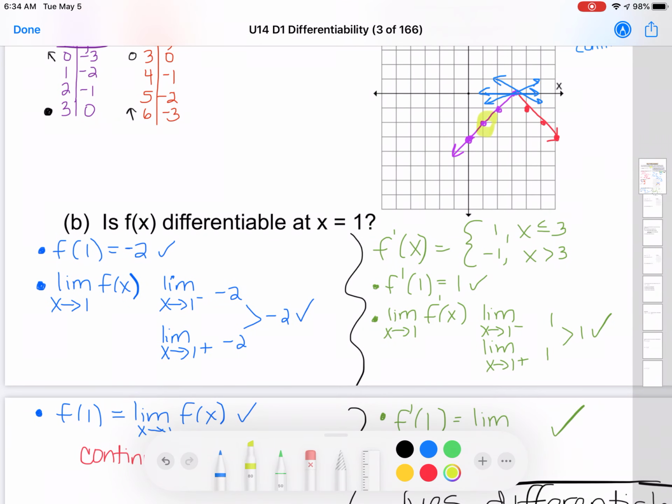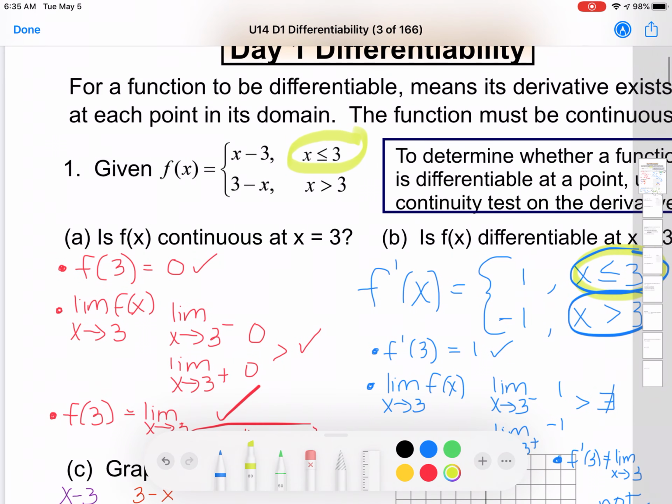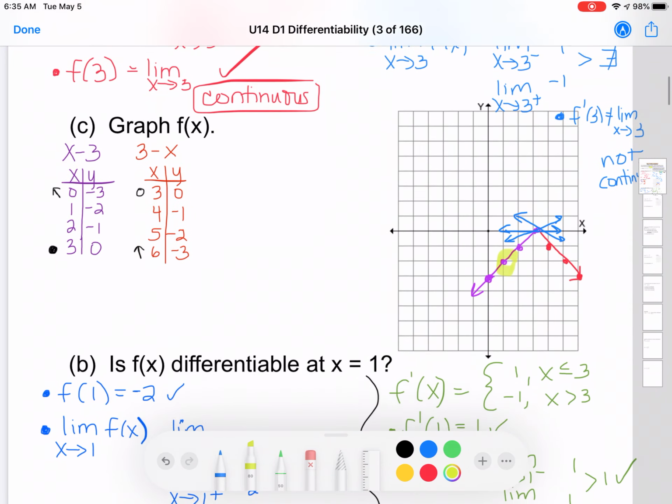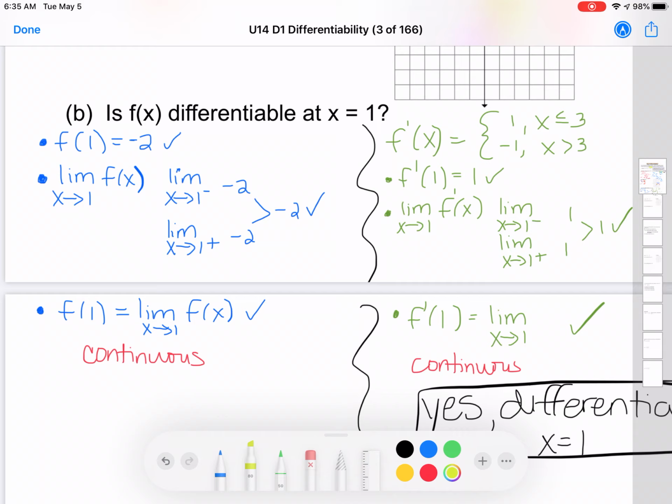Now I'm going to take the limit as x approaches 1. Remember, I'm going to come from the left, I'm going to come from the right. But when I plug in a little bit bigger than 1, a little bit smaller than 1, aren't I still in this domain both times? So I'm going to get the same answer of -2. Therefore, the function value and the limit equal each other, so it is continuous.